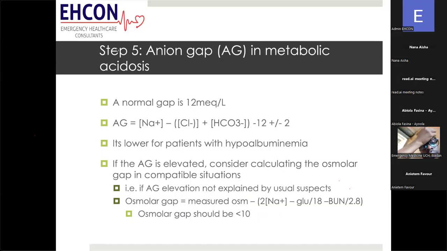This is a very classic thing that always comes up on the emergency medicine board review banks. And if this difference is less than 10, then it's fine. But if it's greater than 10, then you have to start thinking about another reason why your anion gap may be elevated, that is an unmeasured anion that you are not seeing.